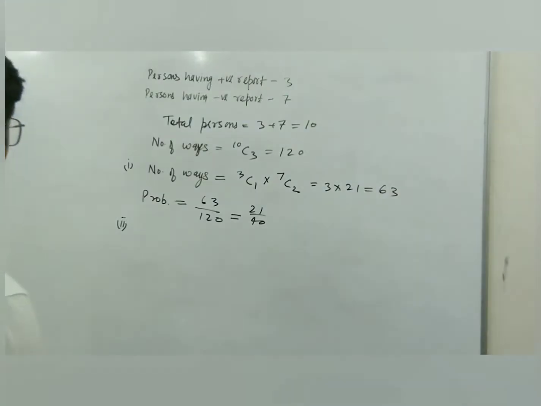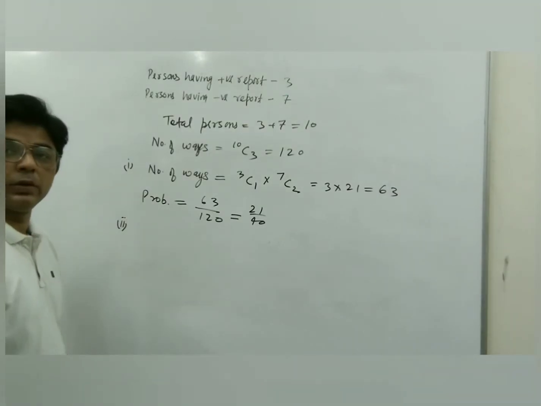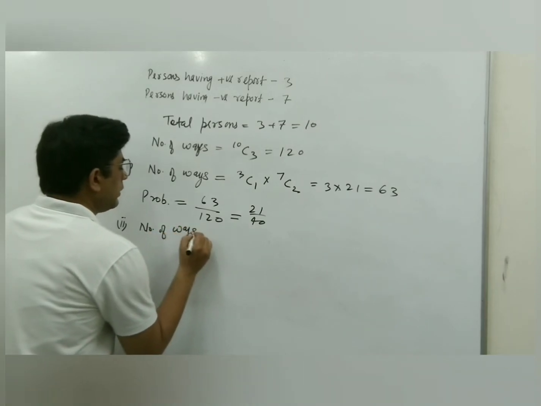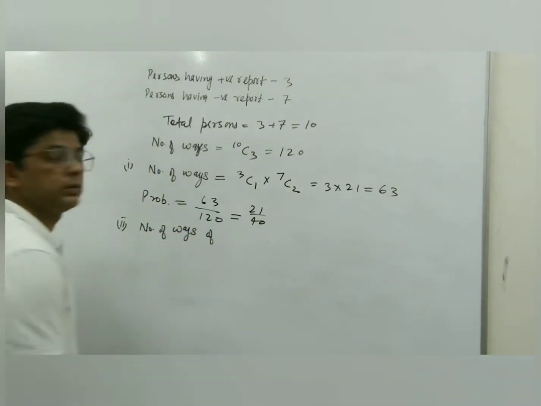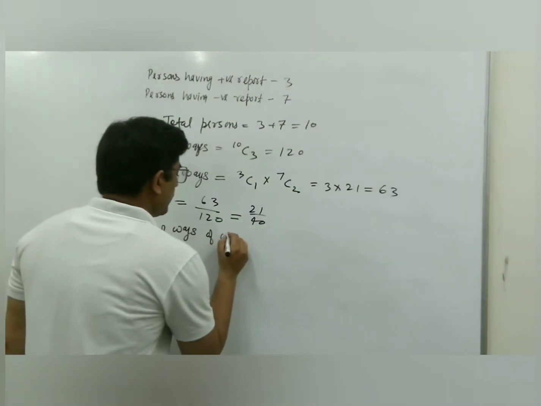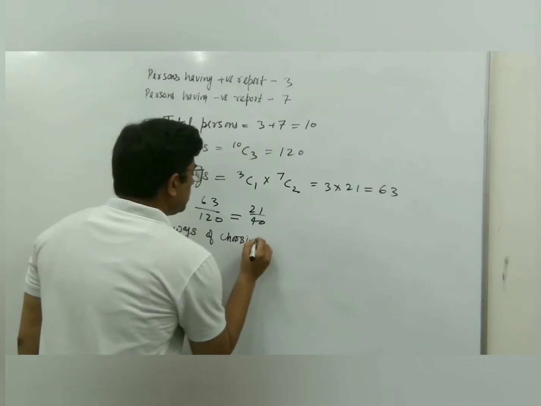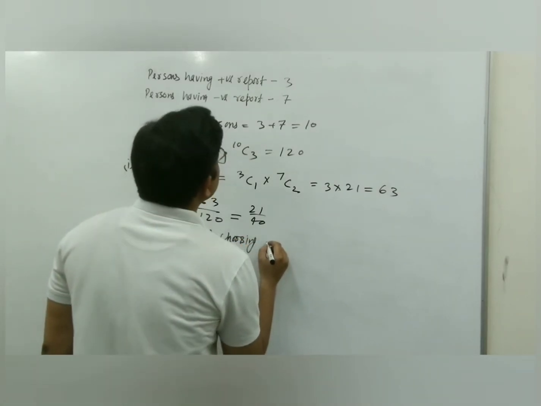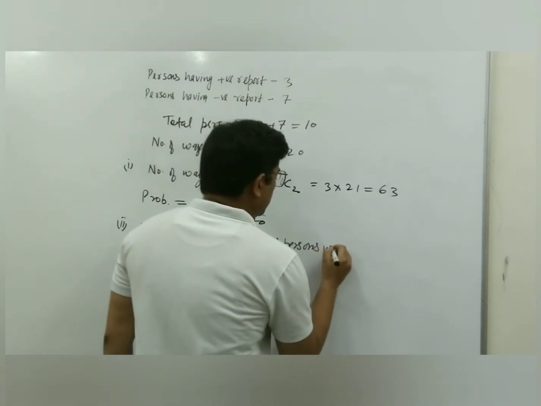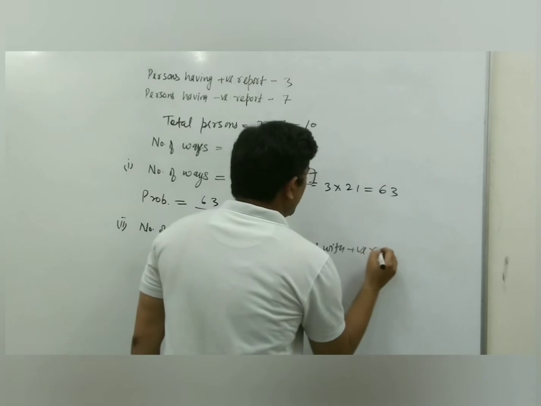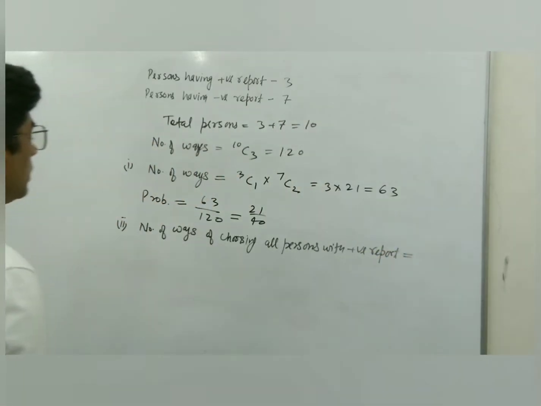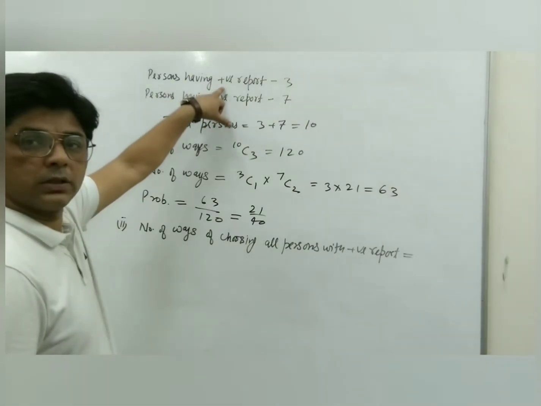Now in second case, we have to find all persons which have positive reports. So the number of ways of choosing all persons which have positive report, this is equal to, so now we have to choose from 3 persons.